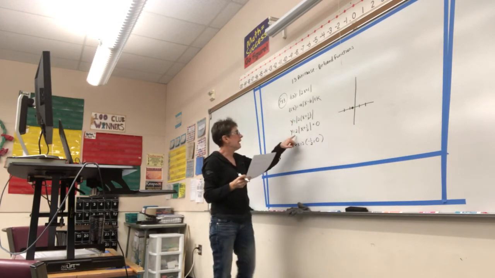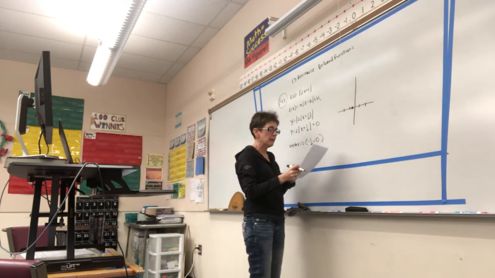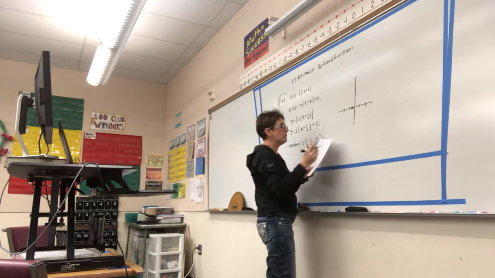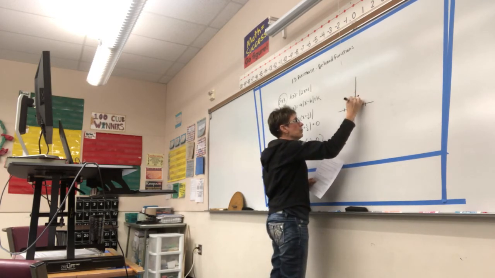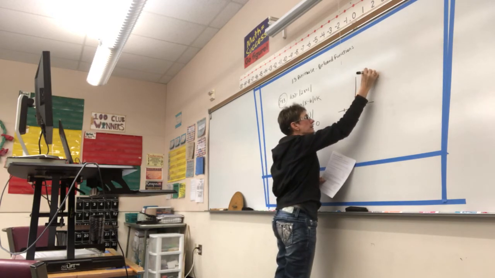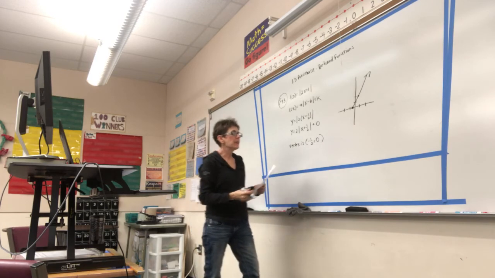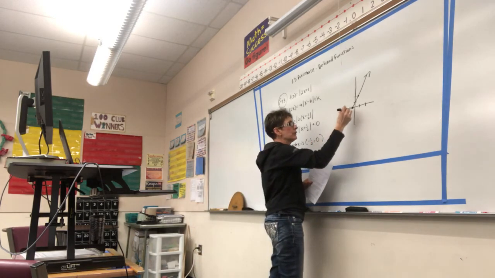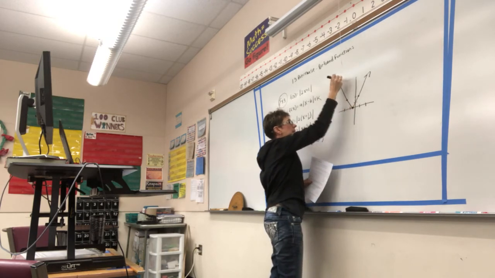Then because a is 2, the right-hand side of my graph has a slope of up 2 over 1. So I'm going to go up 2 over 1 and put a dot here. Likewise, the other half is going to be symmetrical to that. So I'm going to go up 2 and back 1 and get the other half.